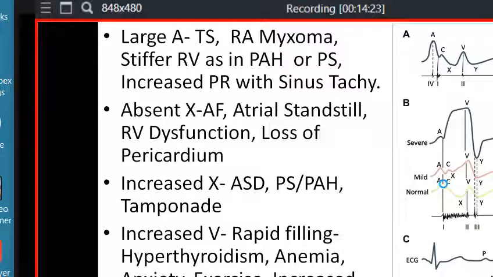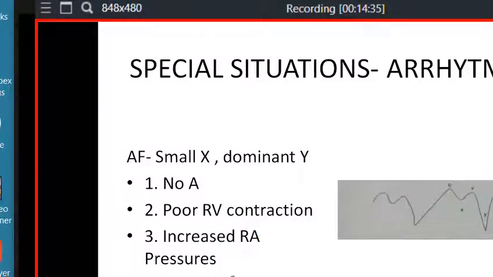So basically no A waves, poor RV contraction, like the AV valve rings are not pulled down rapidly. So this descent, the X descent is almost not seen. Increased right atrial pressures and some tricuspid regurgitation. So all these things put together give rise to the larger V waves and the sharp Y descent, which mimics tricuspid regurgitation.